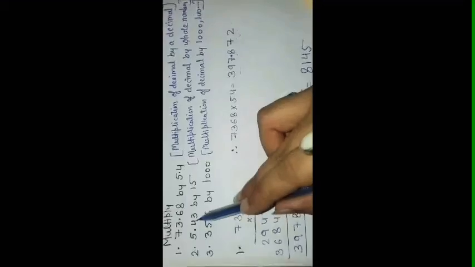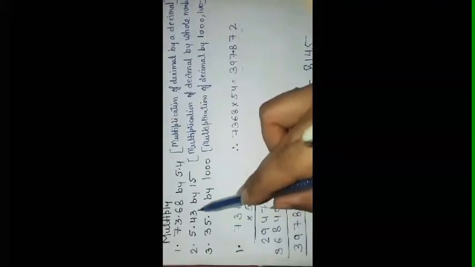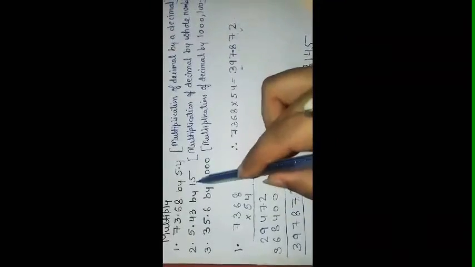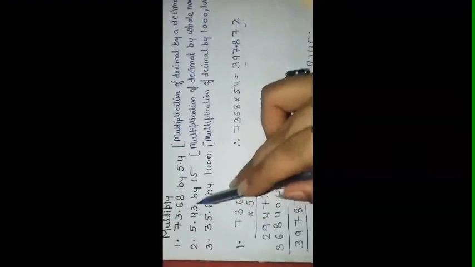Now see in the question 5.43, the number of decimal places is 2, and here 0. So the total number of decimal places is 2.